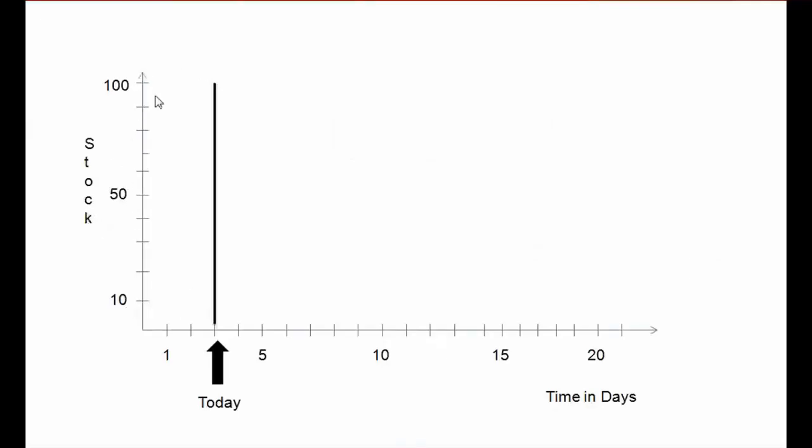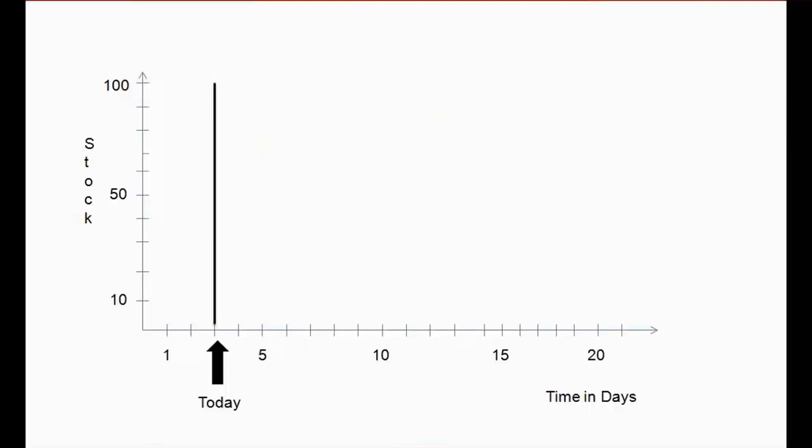Today we have, say, 100 pieces of stock, and the consumption per day is 20 pieces. On the other side here you can see the time in days.